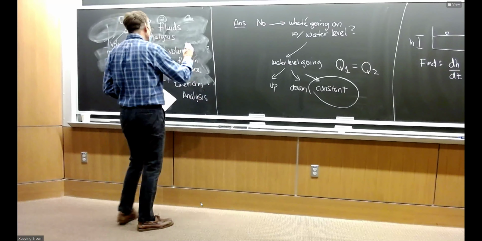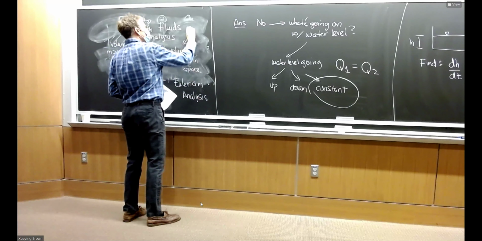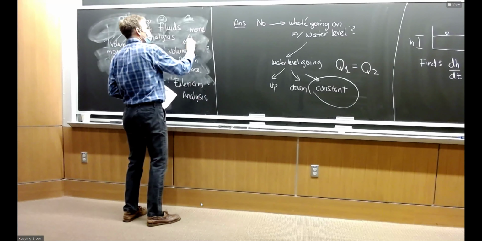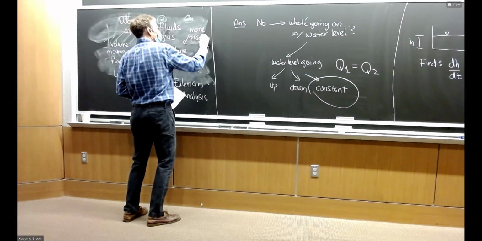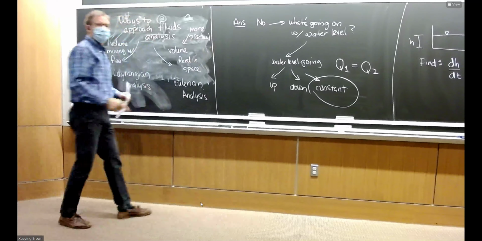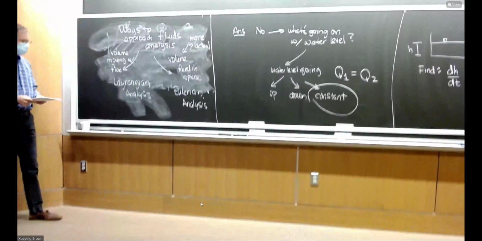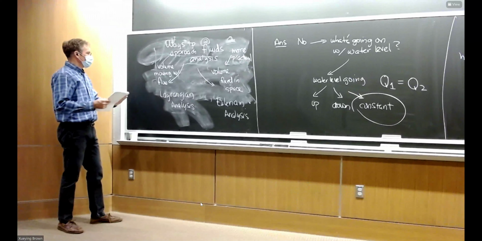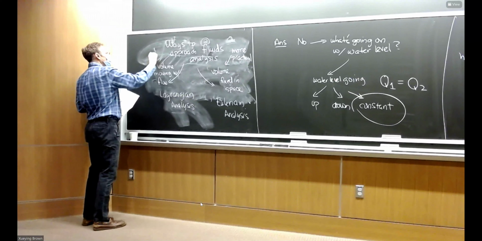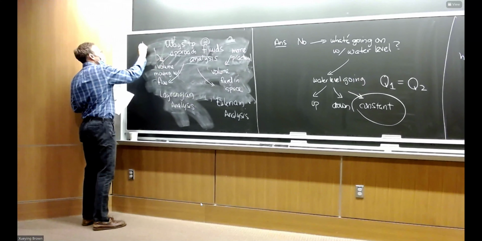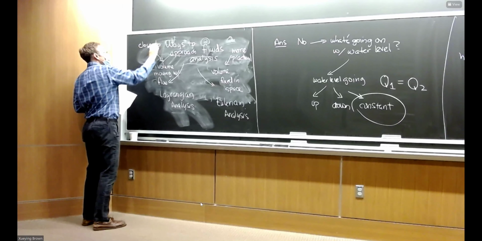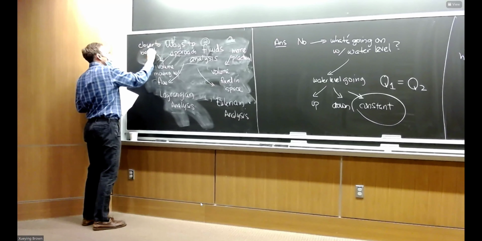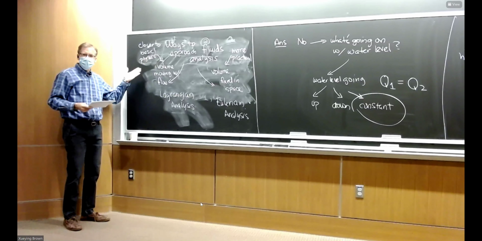And usually for our types of problems, the Eulerian analysis is the more practical way to do it. But as it turns out, the Lagrangian approach is closer to the basic physics, the basic physics that describe the problem.